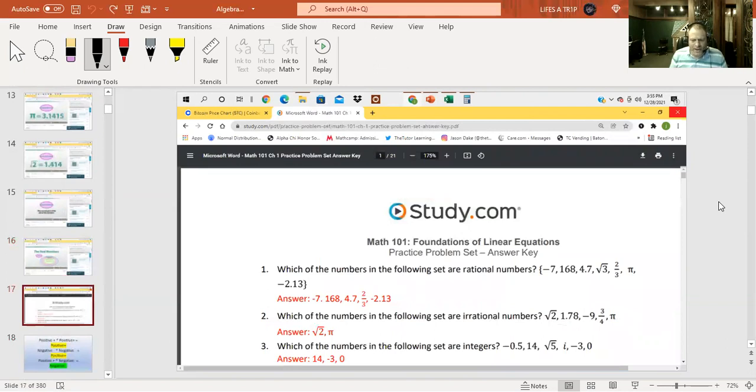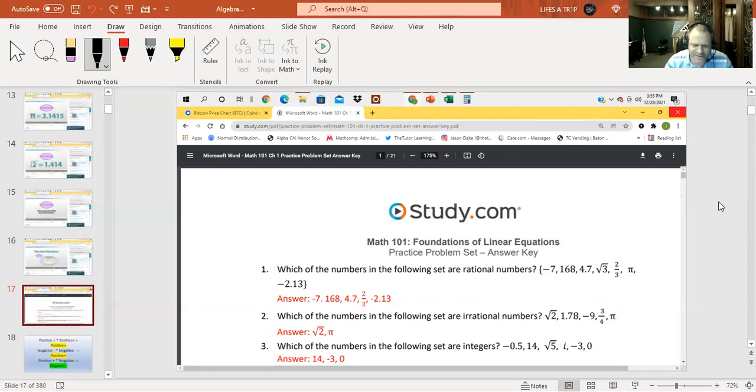All right, guys, let's look at some quizzes from study.com. Which of the numbers in the following set are rational numbers? After all that we've looked through, which ones are rational numbers? In our set, we have -7, 168, 4.7, the square root of 3, 2/3, pi, and -2.13.